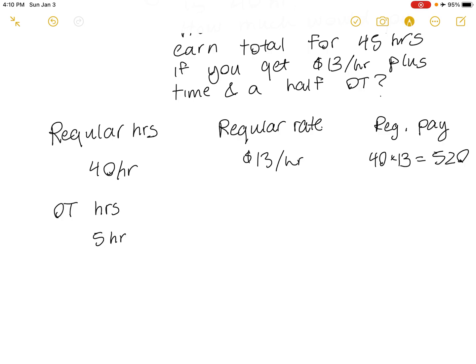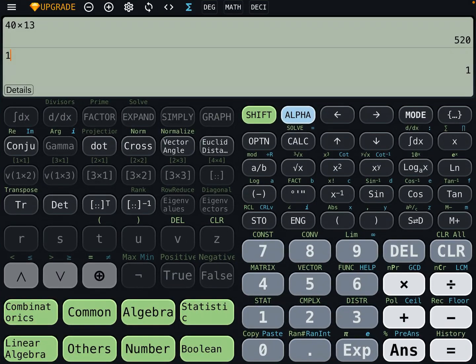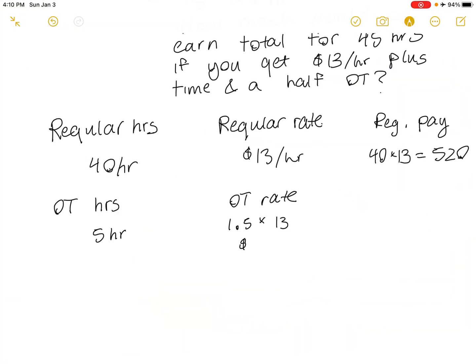So that's 5 hours. The regular rate, if they get paid time and a half, is 1.5 times the regular rate. So time and a half is 1.5 times 13, which works out to be 19.5, $19.50 per hour.